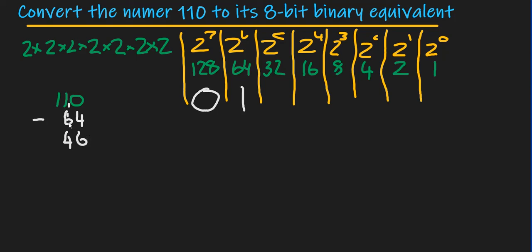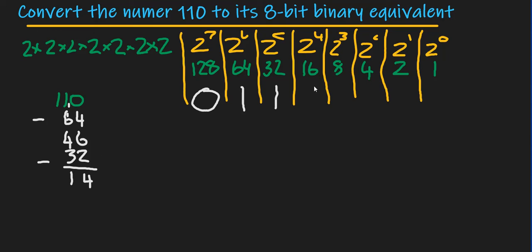So that's your 10, yeah. Right, so I've got 46 left. Does 32 go into 46? Yes, it does. So we're going to use that 32. So we want to subtract 32 now from 46. So that's an easier one to do. That's a 4 and a 1. So I've got 14 left.